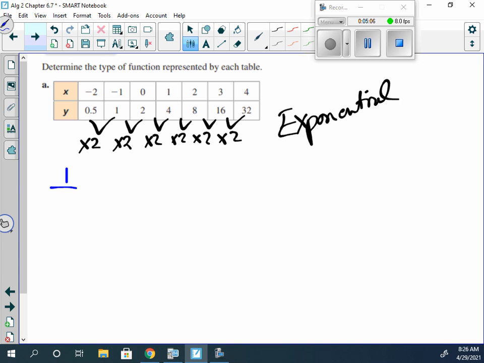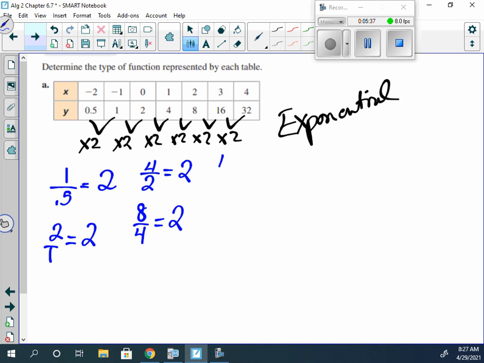So we can say 1 over 0.5. And what is 1 divided by 0.5? And we can do the next one. 2 divided by 1 is 2. 4 divided by 2 is 2. 8 divided by 4 is 2. 16 divided by 8, 2.